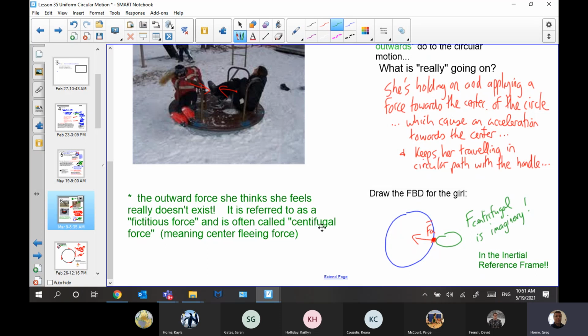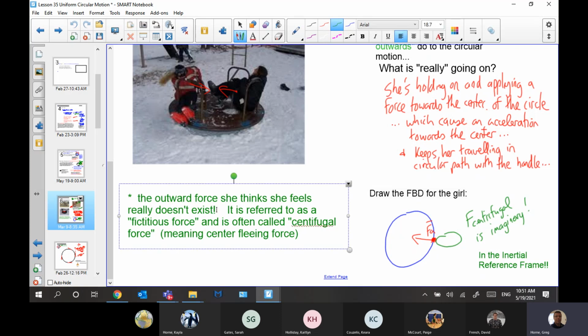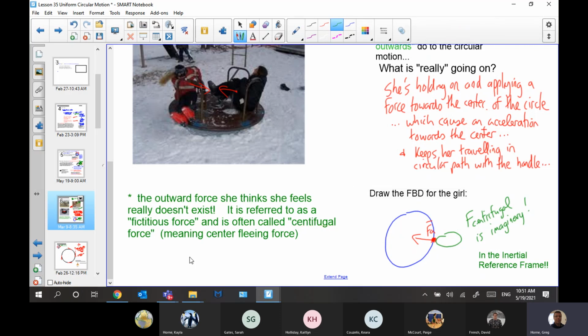It's often called a centrifugal force, meaning center fleeing. So it really doesn't exist, but we should say it really doesn't exist in the inertial reference frame, right? So it really doesn't exist relative to Earth, or whatever your inertial reference frame is, right?